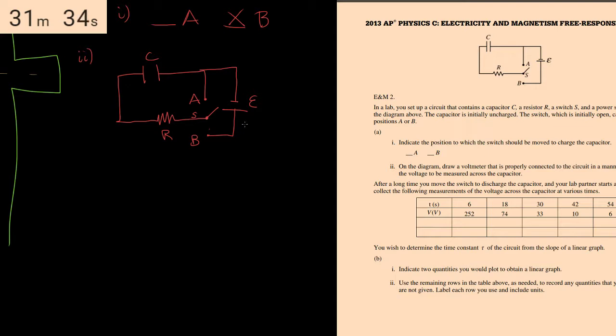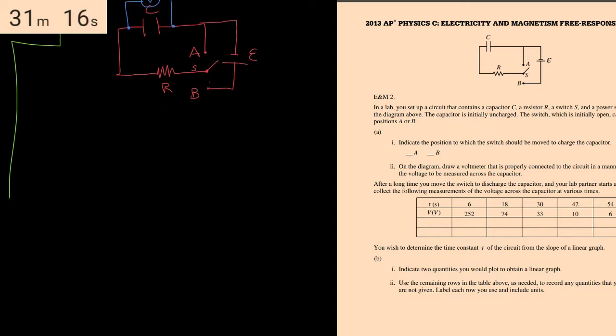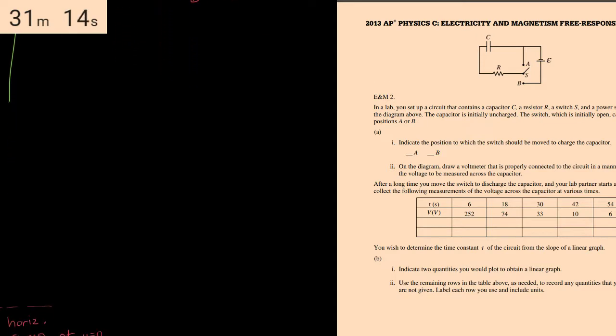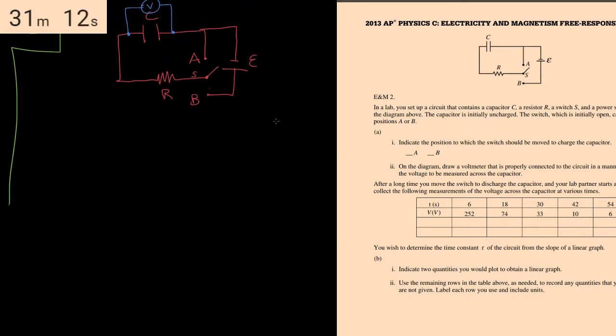Well, we want it to measure the voltage across the capacitor, so it needs to be in parallel. Let's pick 2 points right next to either side of the capacitor and draw a voltmeter right along them in parallel. Boom. Question 2A-II done. Now let's keep this in view.